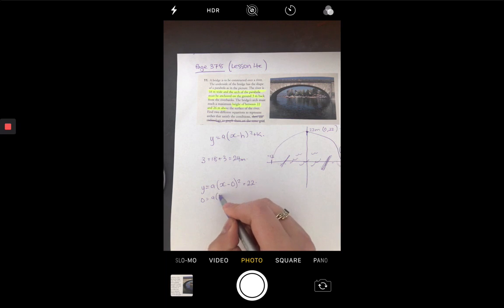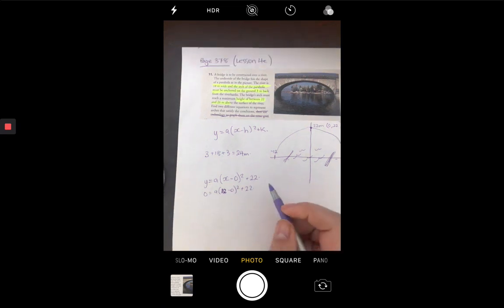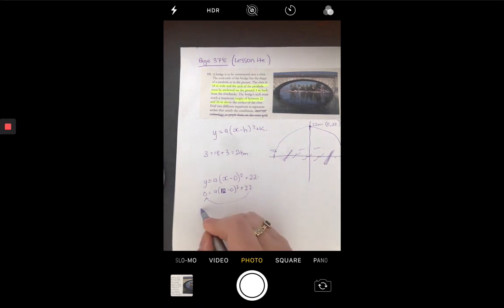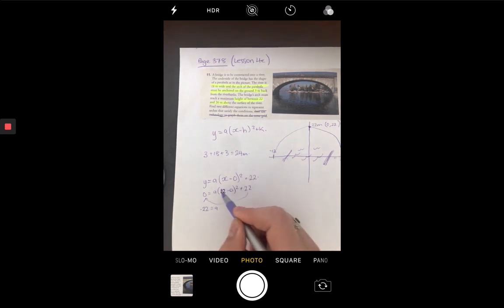Sorry, 12. And now I can solve for a. So bring my 22 to the other side, I get negative 22. 12 minus 0 is 12, so it's going to be 12 squared.